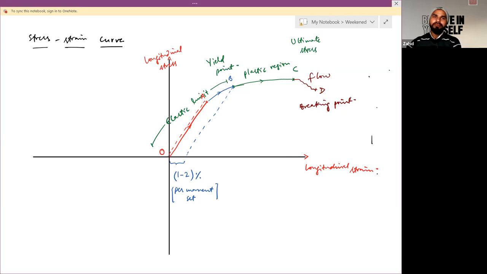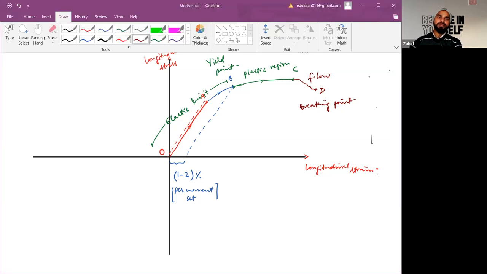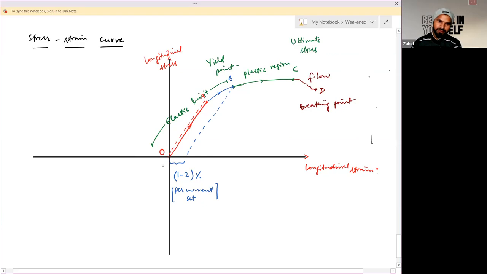Similarly, if you compress this particular rod by applying a compressive stress, it will again move along this path to reach this point, to this point, to this point, and may flow to break at this point.